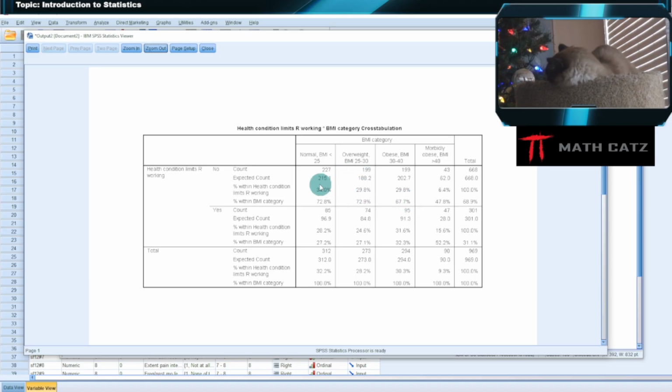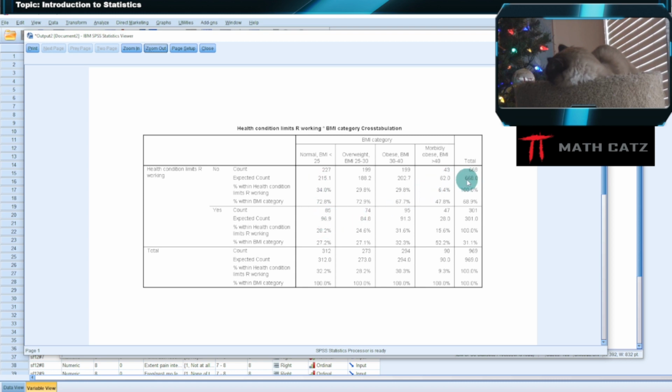The frequencies or the count that we expect, the number of people, should be proportional to how much is in that category. So for example, if I have a total of 668 with no health condition and 301 with a health condition, that's almost a 2-to-1 ratio. In the normal BMI group, I expect no and yes to also be roughly in a 2-to-1 ratio.